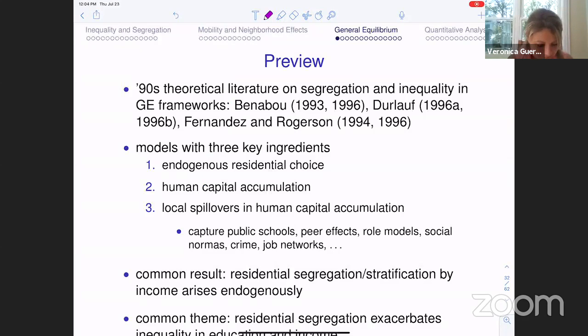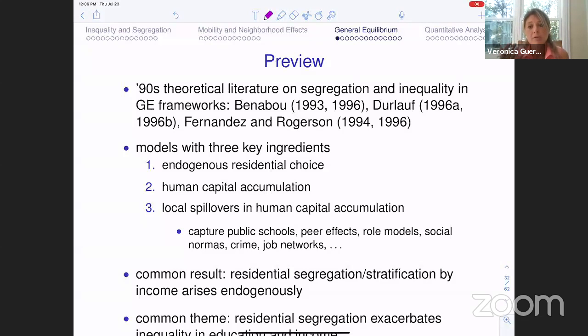Welcome back, everybody. So now that I have covered some data regularities, I talked about inequality, segregation, and intergenerational mobility, I want to take a step back and mention an interesting body of theoretical literature that boomed in the 90s and was thinking exactly about linking these different objects.